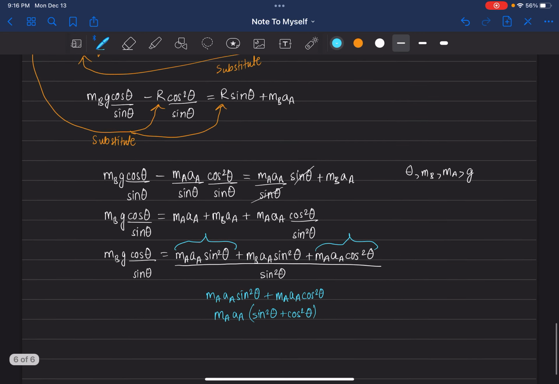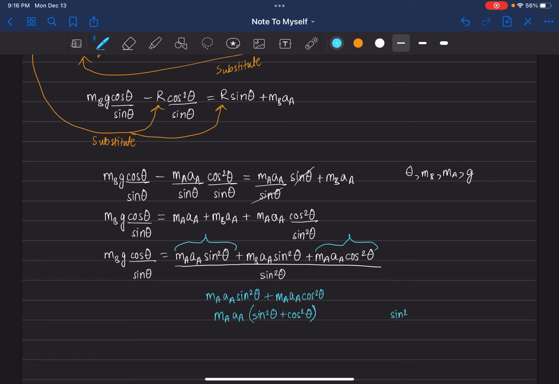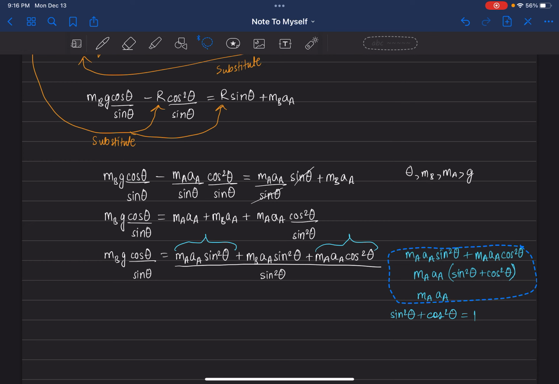What is sine squared theta plus cosine squared theta? Well, just from basic trig, we know that sine squared theta plus cosine squared theta is 1. So this is m of a, a of a. Okay? So all of this is just to prove that point. I'm just going to place it on the side, just so we don't forget.